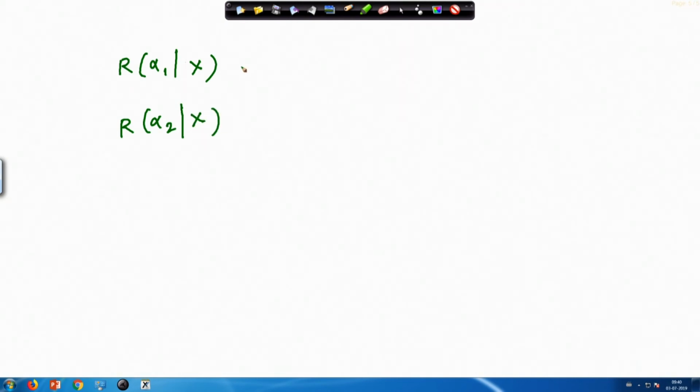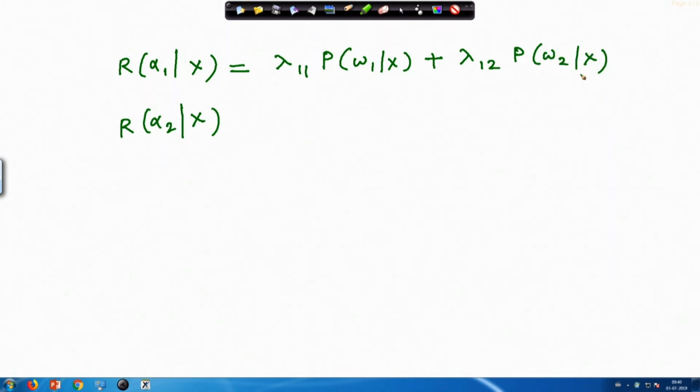So, R of alpha 1 given x is nothing but lambda 1 1 p of omega 1 given x plus lambda 1 2 p of omega 2 given x. Here you find that lambda 1 1 is nothing but lambda of alpha 1 given omega 1.